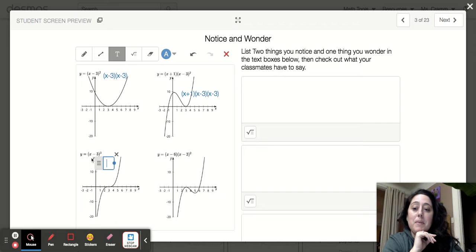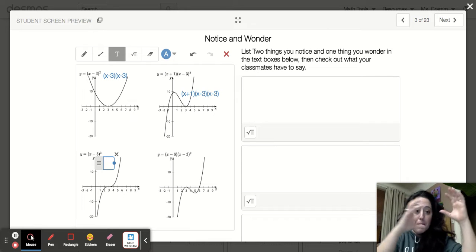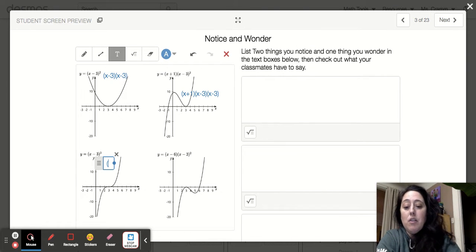You might not be able to see it, but this is x minus 3 to the third power. It's an odd number of times that I'm multiplying this factor by itself. So I've got x minus 3, and I'm doing this a third time.